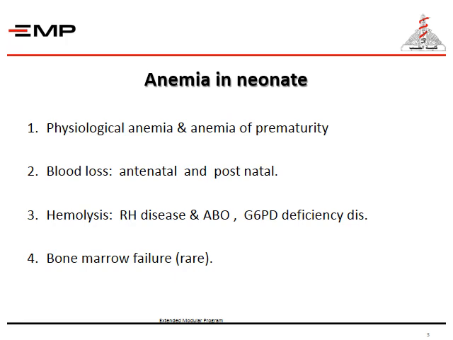The commonest among them is Rh disease of the newborn, sometimes called hydrops fetalis, ABO incompatibility, and G6PD deficiency in the neonate. The fourth cause of neonatal anemia, which is the rarest among them, is bone marrow failure.